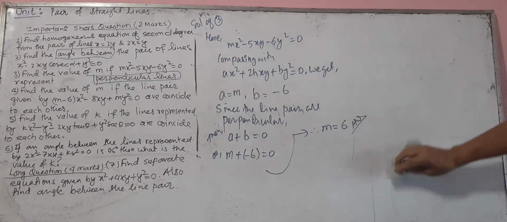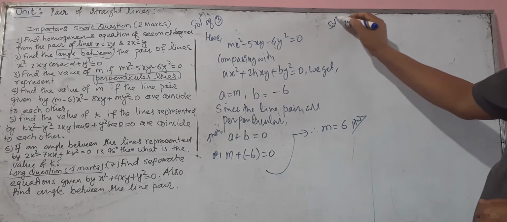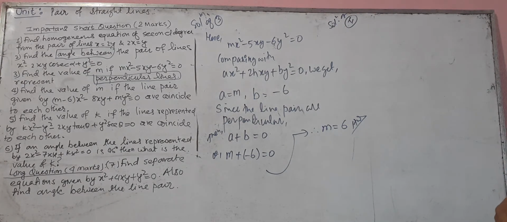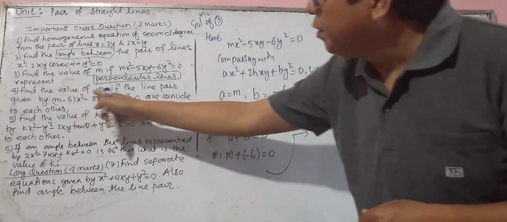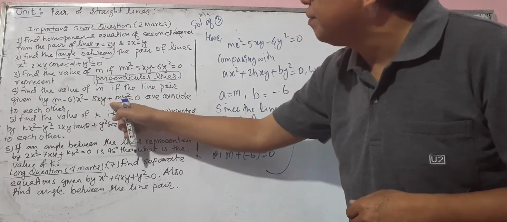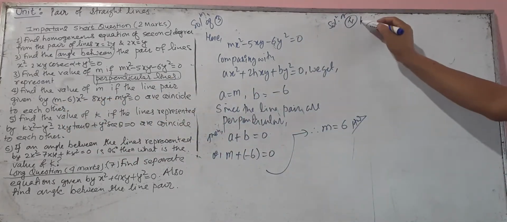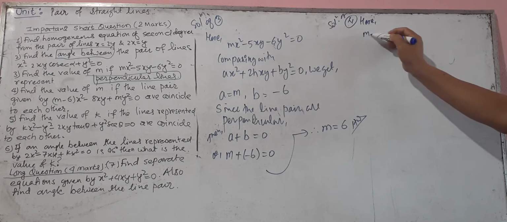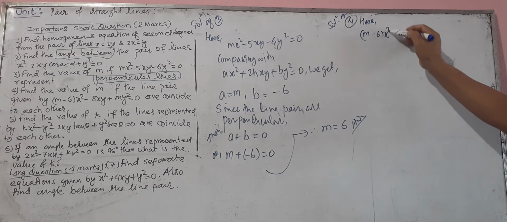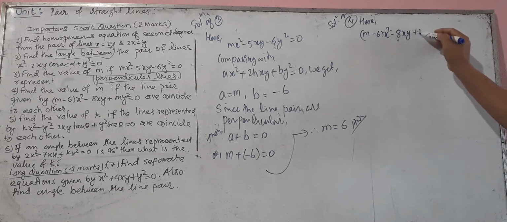Now question number 4. Find the value of m if the line pair given by (m minus 6)x square minus 8xy plus my square coincide with each other. So here the given equation is (m minus 6) times x square minus 8xy plus my square equal to 0.